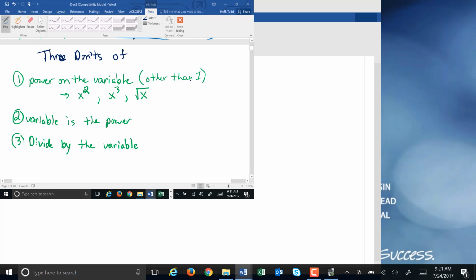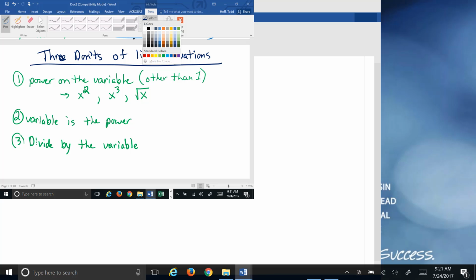These are what I often refer to as the 3 don'ts of linear equations, because these are the 3 things that linear equations don't have. If they have one of these 3 things, it will not be a line.